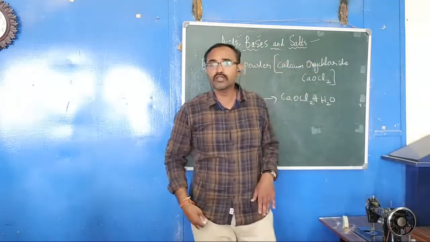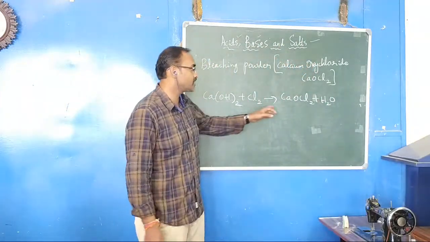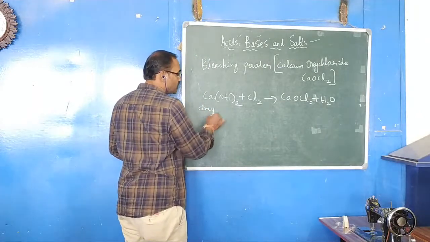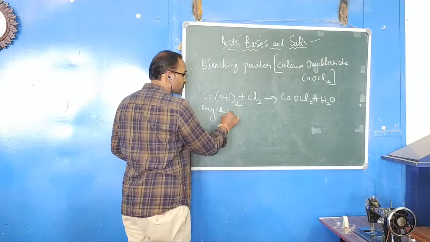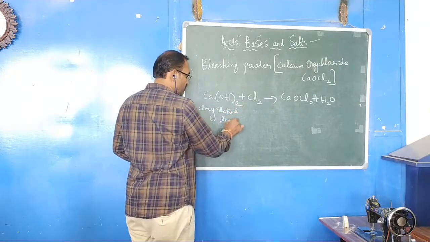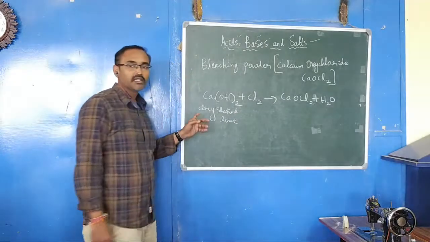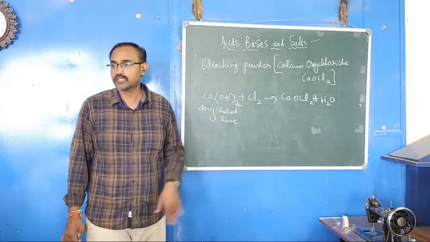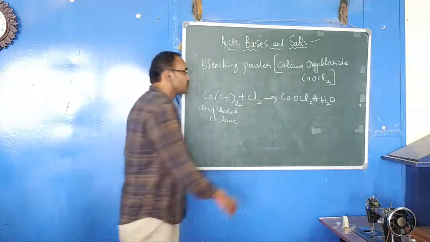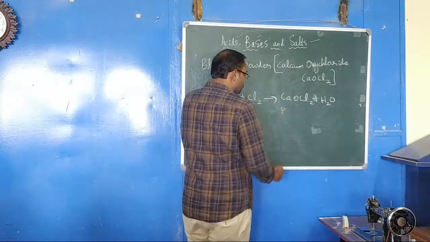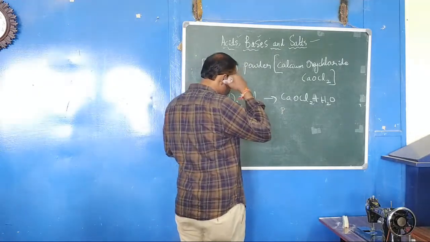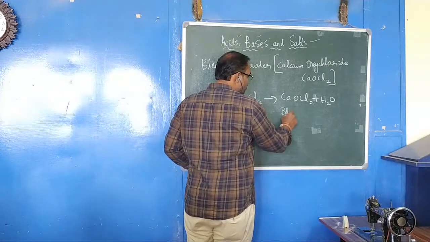On passing this chlorine gas to dry slaked lime, which means calcium hydroxide, we get calcium oxychloride, which is nothing but bleaching powder.